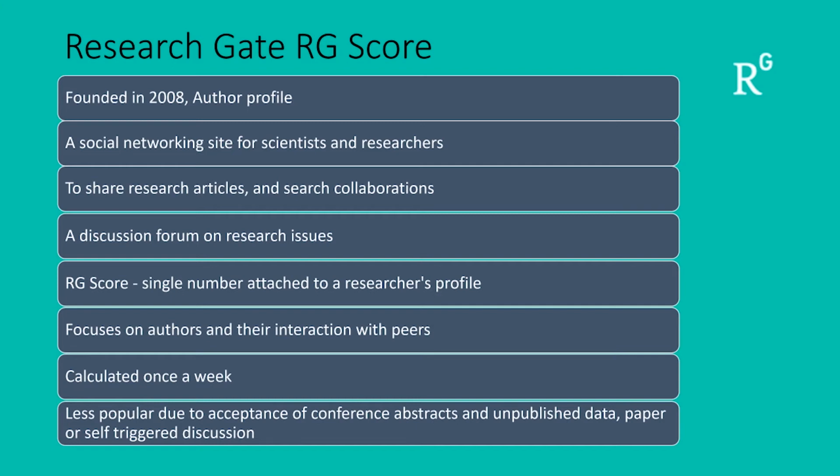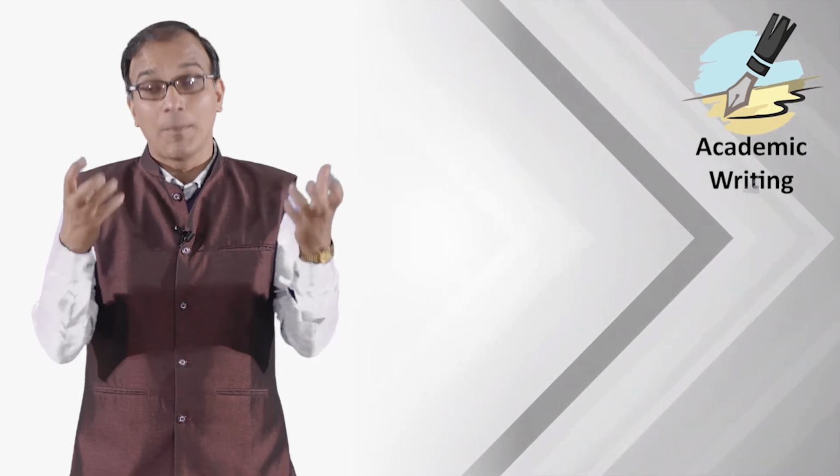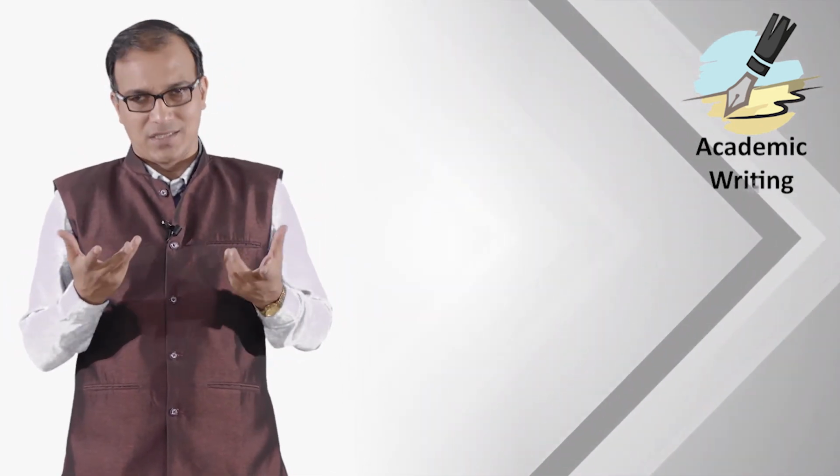So the RG score is not completely dependent upon a particular author's peer reviewed articles. It depends on various factors which may not be completely scholarly. Just by triggering some discussion, the RG score is increased; you have done very little work and you get discussions on that platform, and the RG score will increase. So this is the limitation of the RG score.